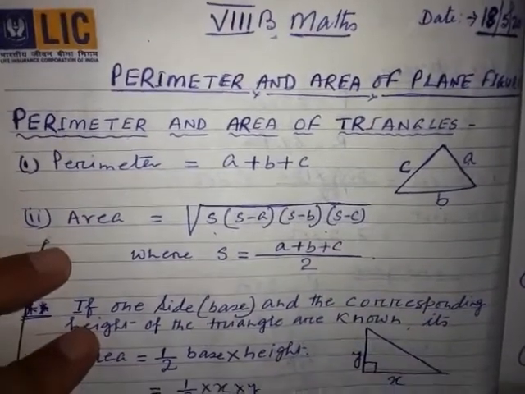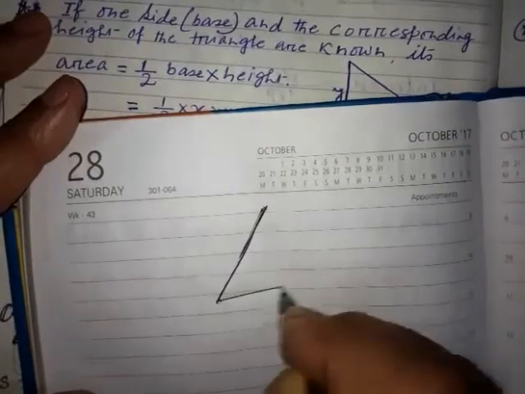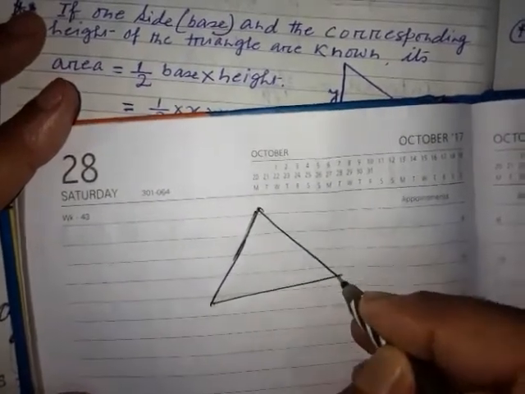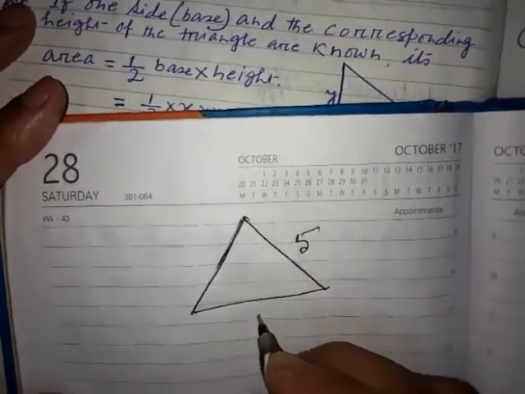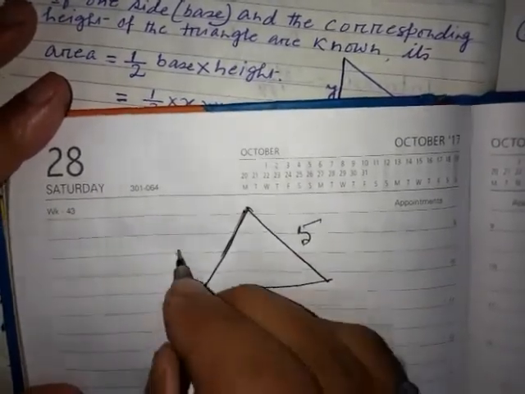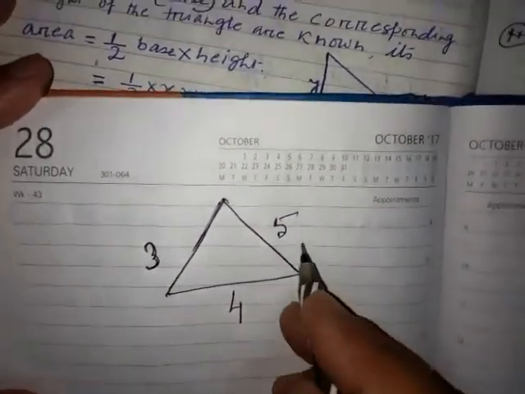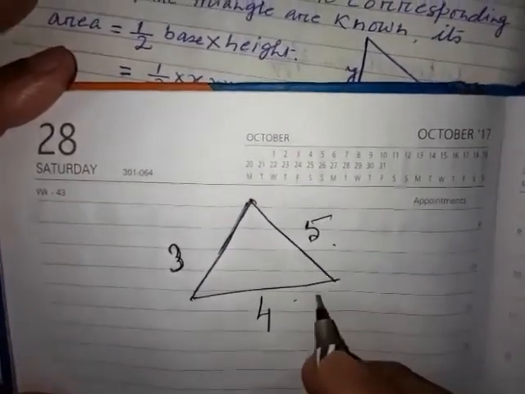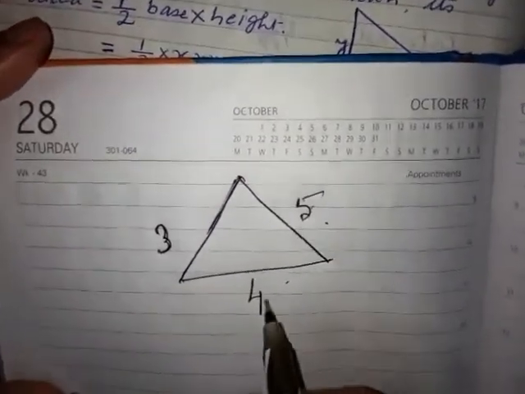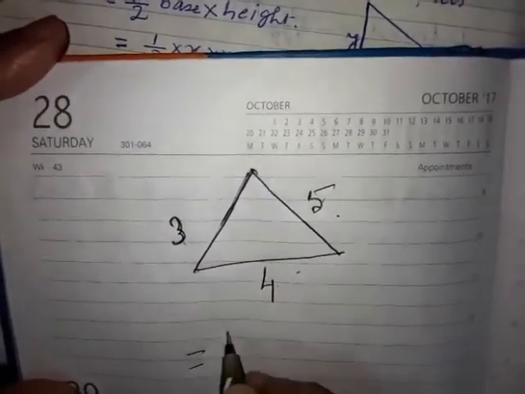Suppose I draw a triangle here to help you understand. This is a triangle, and I have written one length is 5 centimeter, one is 4 centimeters, one is 3 centimeters. Any length can be taken. When the lengths of the three sides are given, how do we find the area?